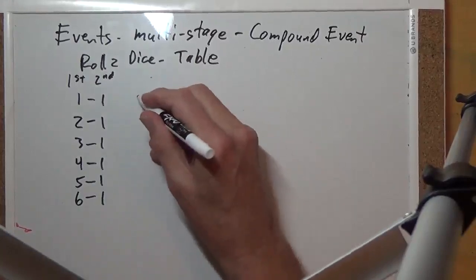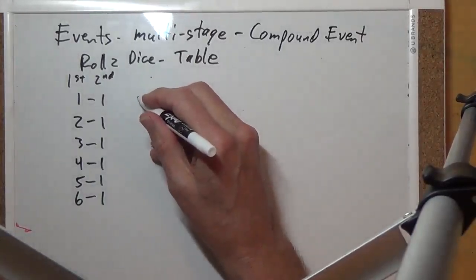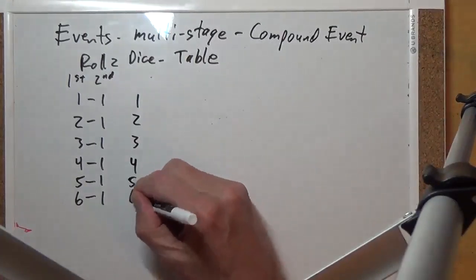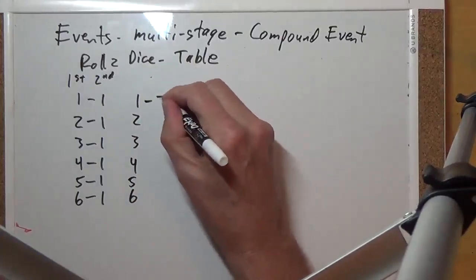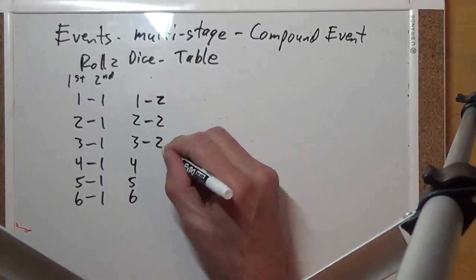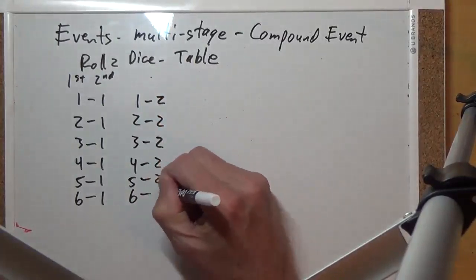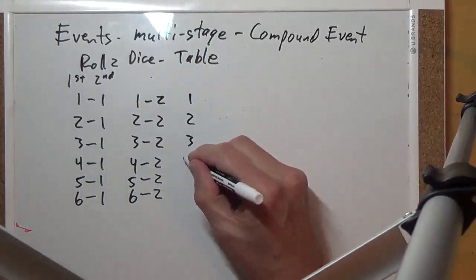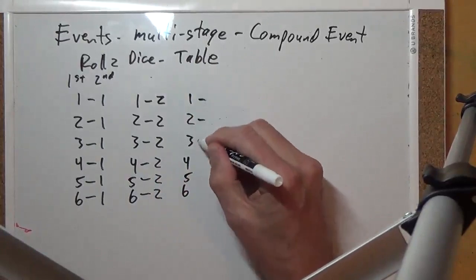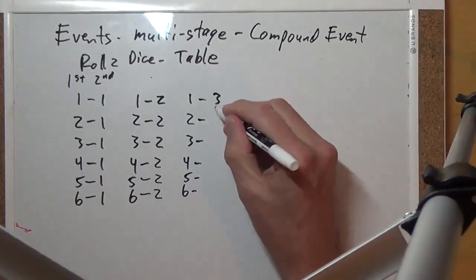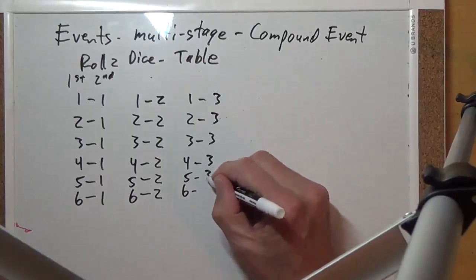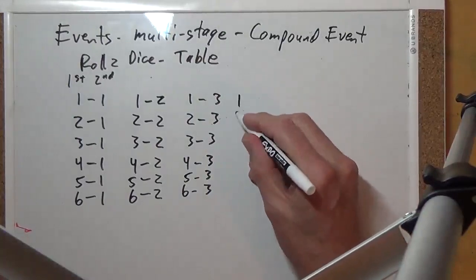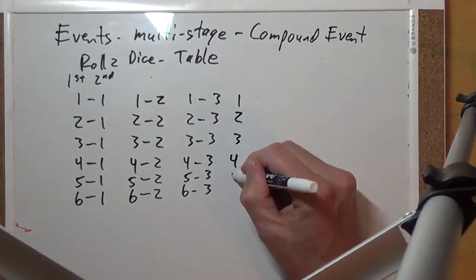The next thing in my table is the first die can always be a 1, 2, 3, 4, 5, or a 6. But now let's look at the second die being a 2. And again, the first die, 1, 2, 3, 4, 5, or 6. Second die can be a 3. And you see the pattern that's going to go on here? My table's getting lopsided.